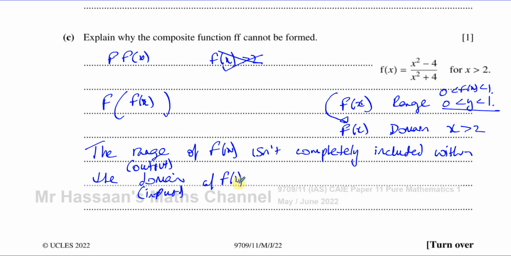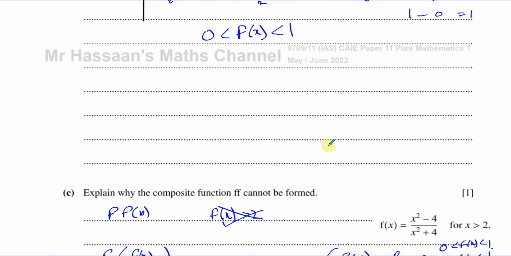Because f of x is both the inner and the outer function. Therefore, the composite function ff of x cannot be formed, as they stated. Okay, so you must mention something like that. What comes out of f of x doesn't fit into f of x. The output of f of x does not go into the domain of f of x, so the function ff cannot be formed. All right, so that's the answer to that part of the question.